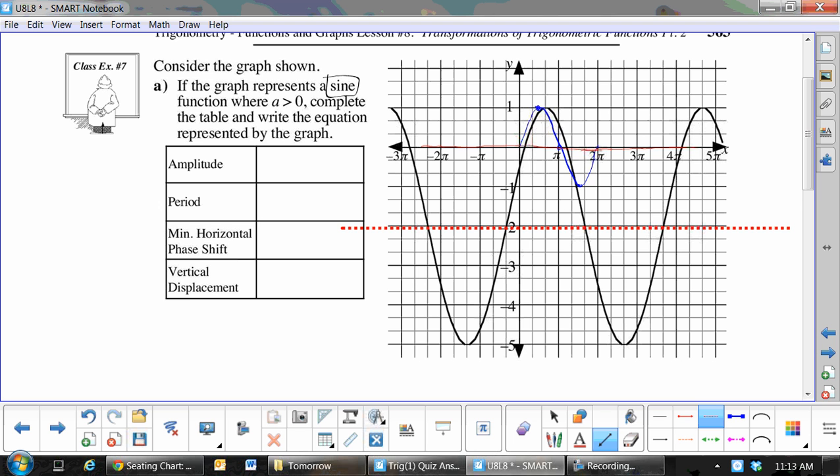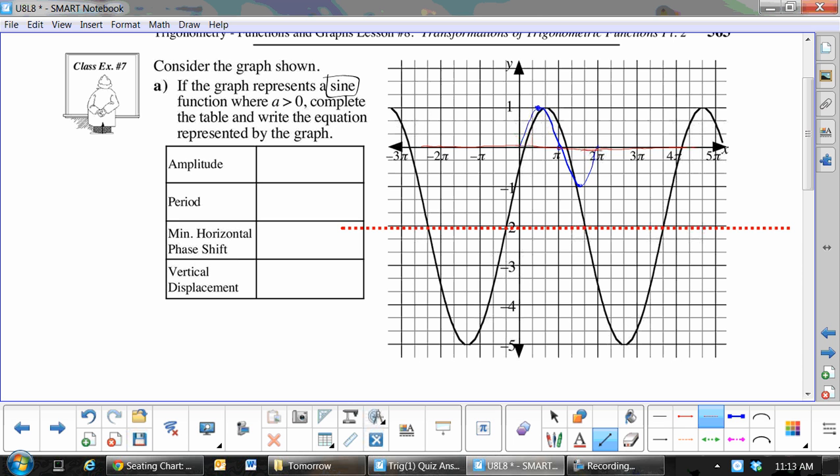Does it help you with A or B? It could help you, but the stretches are done before it's moved, right? So we know that the stretches were done from the X and from the Y. It's after it's moved, I can tell you how much it has now been slid around.